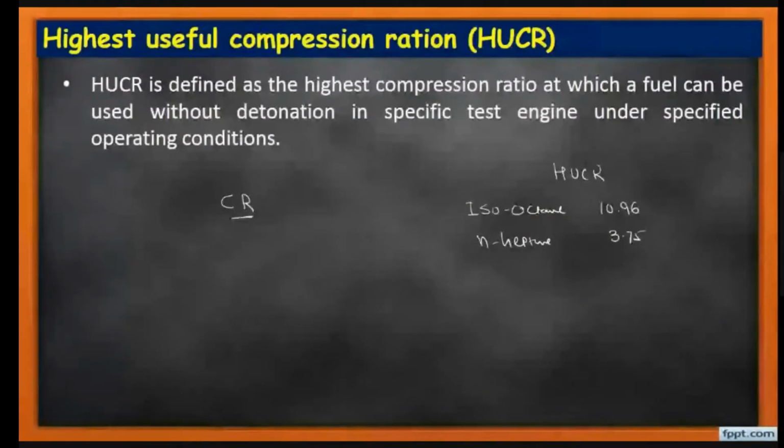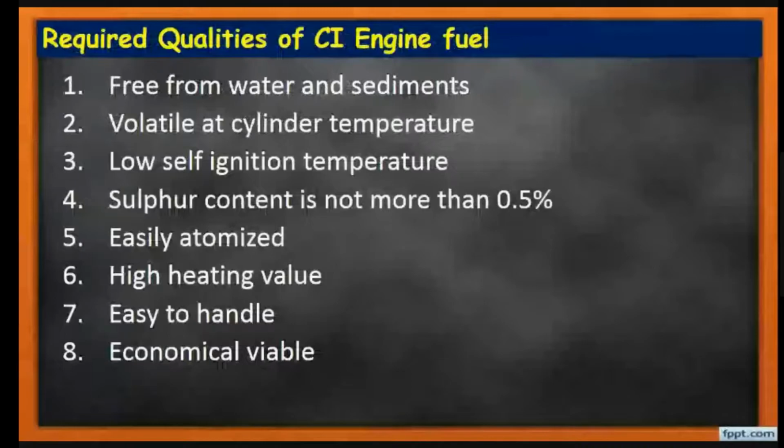Now in today's lecture, students, we are going to discuss the required qualities of diesel engine fuels or CI engine fuels. So let's start with the first. The first quality is that it must be free from water and sediments. Students, as we know, in the petrol engine, the petrol and air mixture is generated outside of the engine and supplied to the inlet manifold.